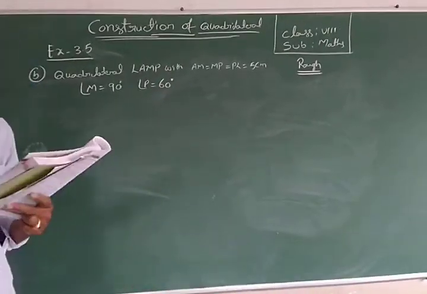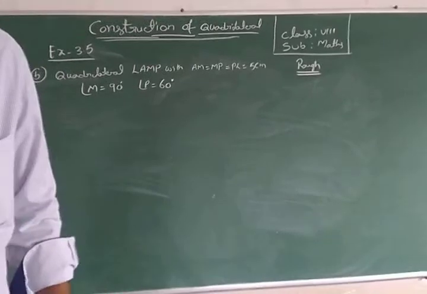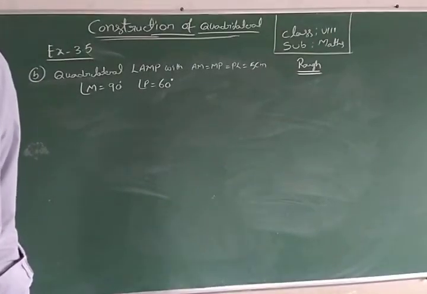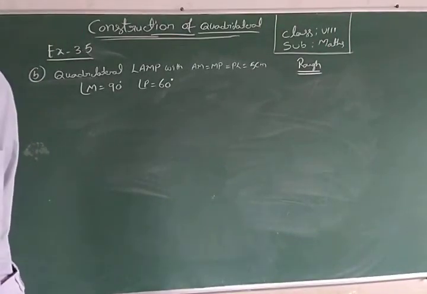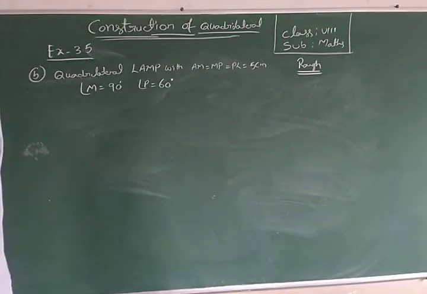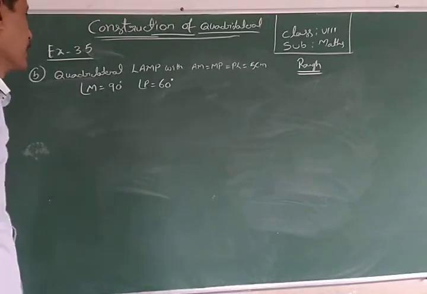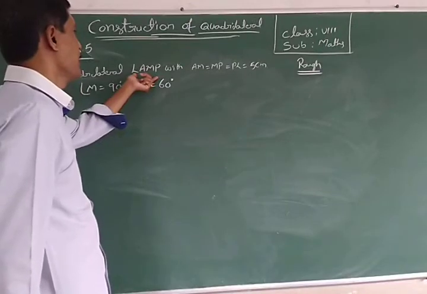Here quadrilateral LAMP, AM equal to MP equal to PL equal to 5 centimeters, angle M, angle P equal to, rough diagram.